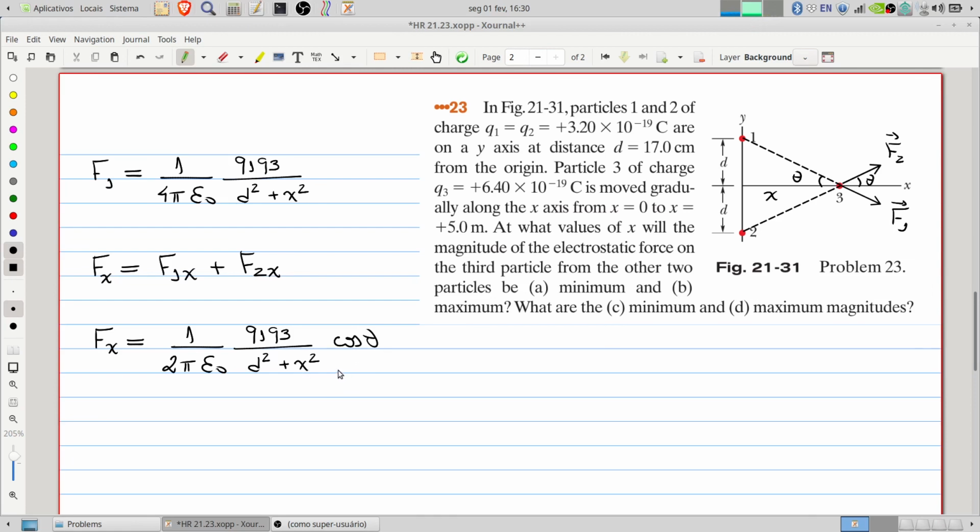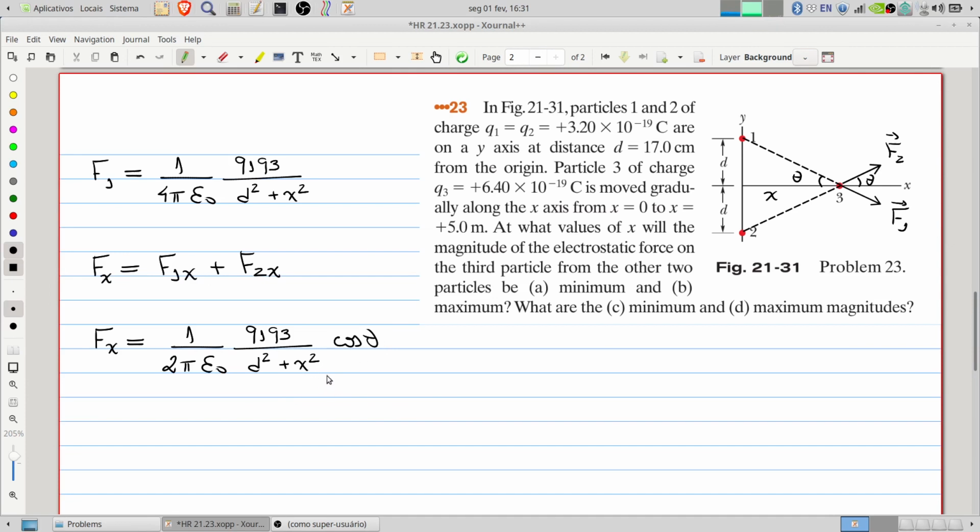In some cases, especially in electrostatic problems, it's convenient to work with an angle instead of a coordinate. And in this case, we work with the angle theta. We'll solve the problem using the angle theta, and then we'll return and write the angle as a function of the x variable.